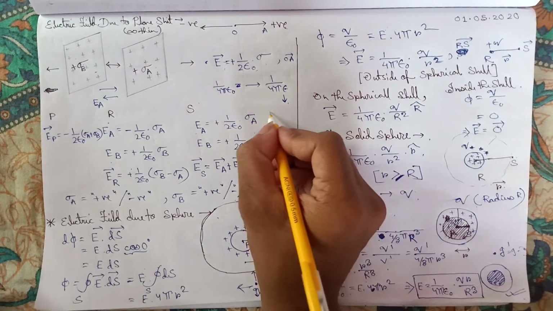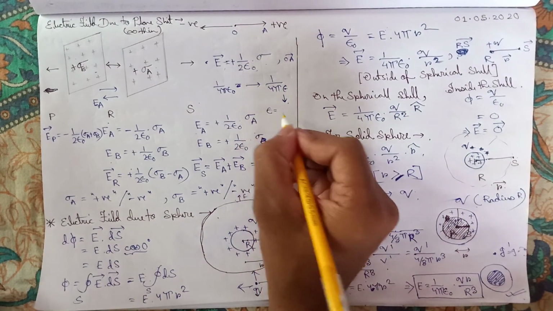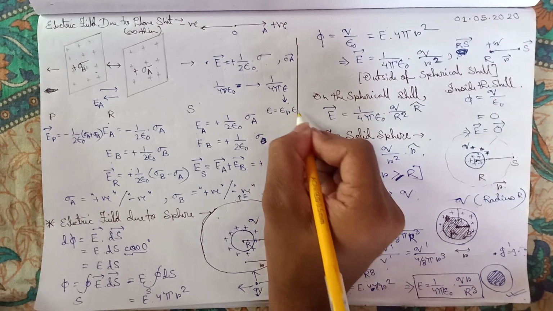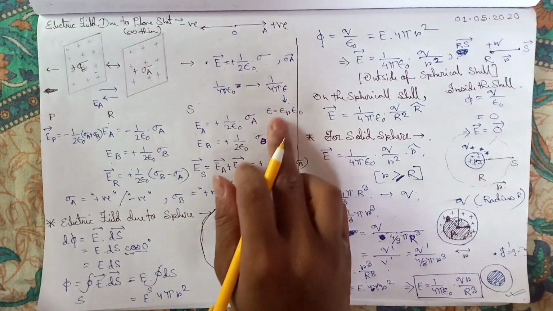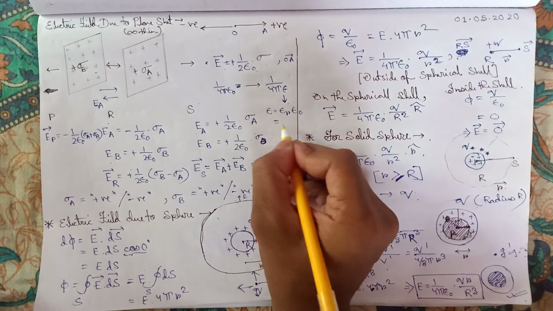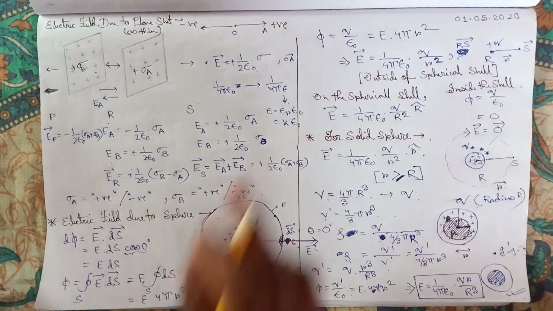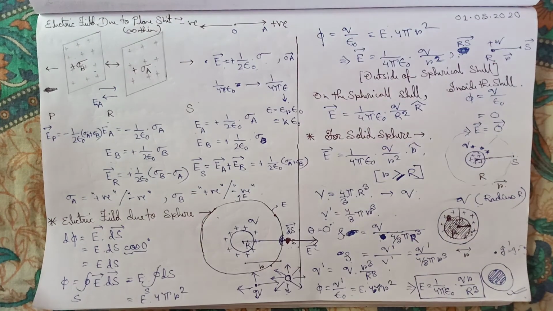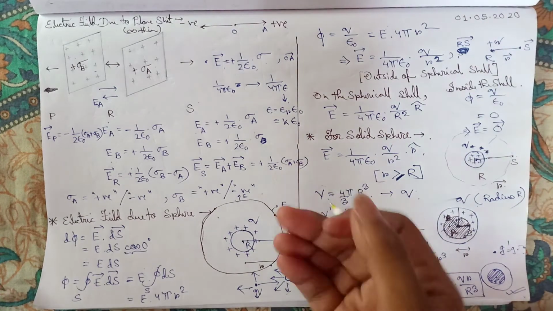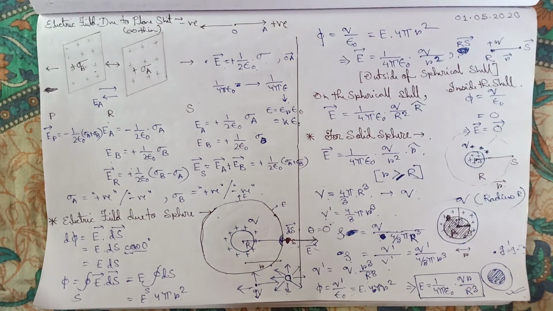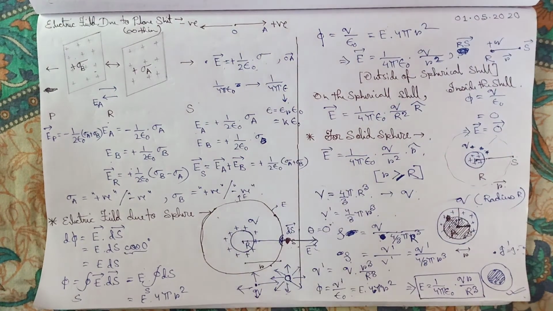Epsilon can also be written as epsilon r times epsilon naught, or k times epsilon naught. What is k or epsilon r? They are the same, only the names are different, numerically and technically they are the same.